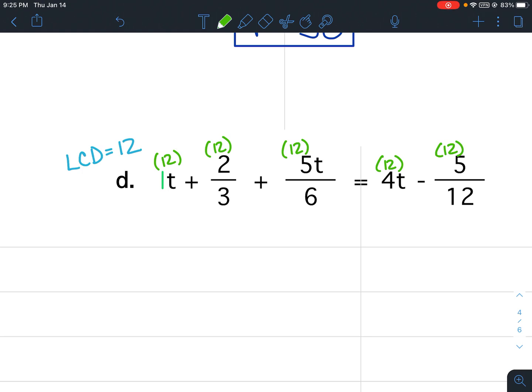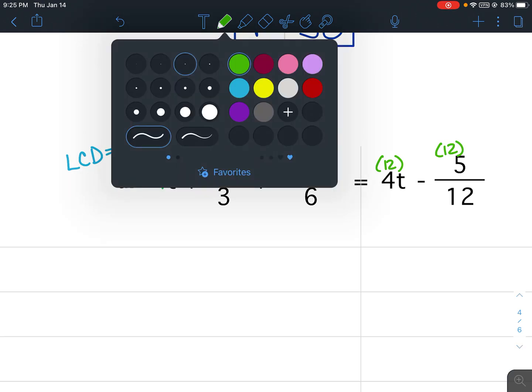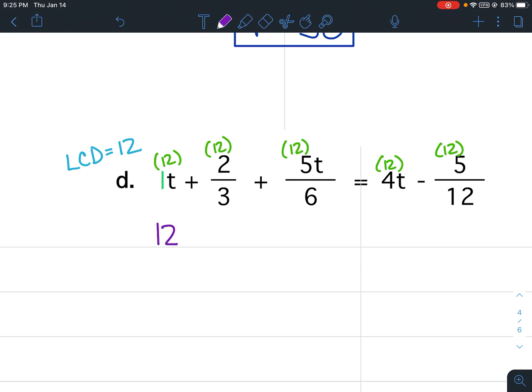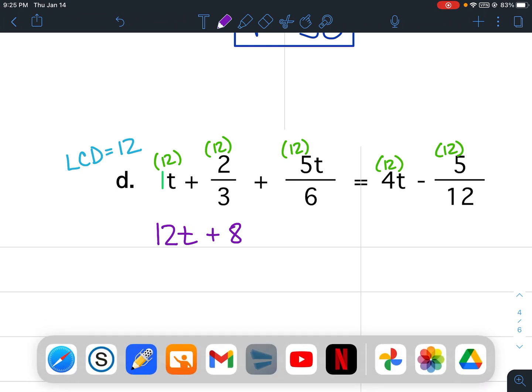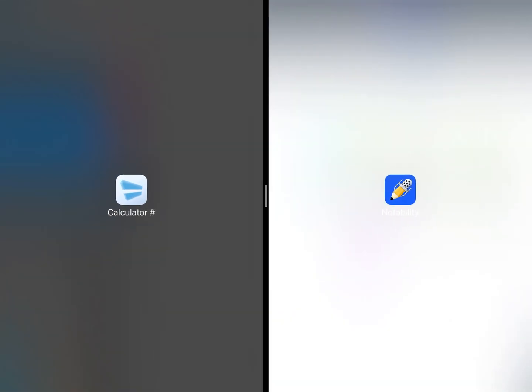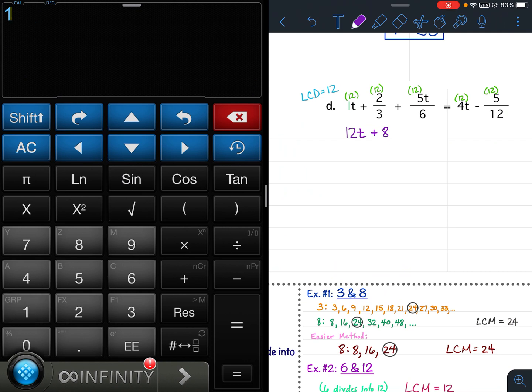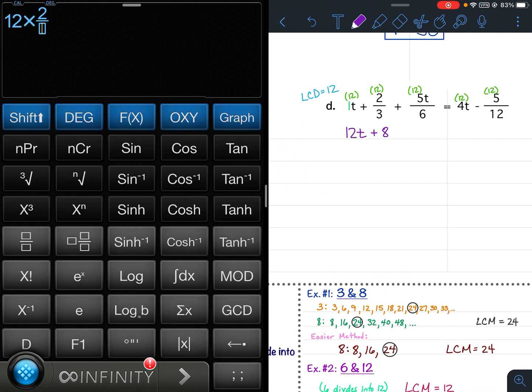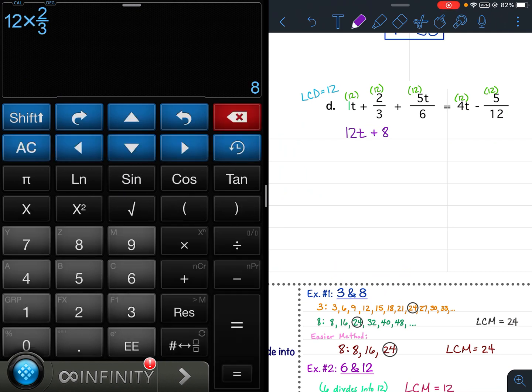12 times 1t would give me 12t. 12 times 2/3. Well, 12 divided by 3 is 4. 4 times 2 is 8. So this would be plus 8. If you don't believe me, please feel free to use this calculator. 12 times 2/3 is 8. 12 times 5/6. 6 goes in 12 twice. 2 times 5 is 10.